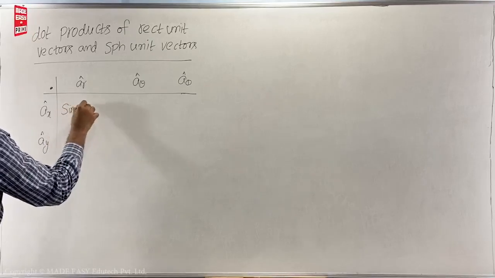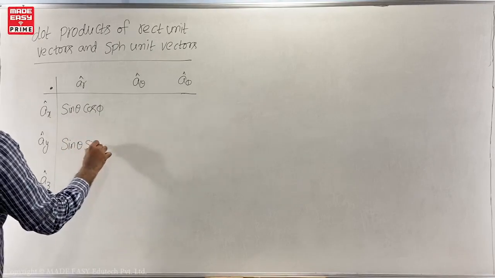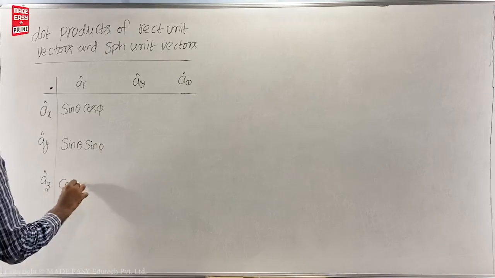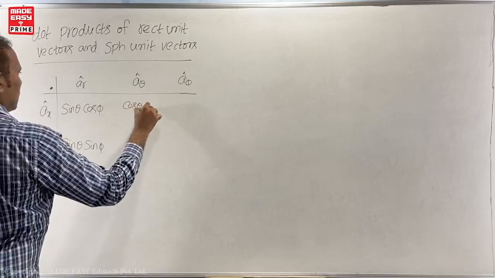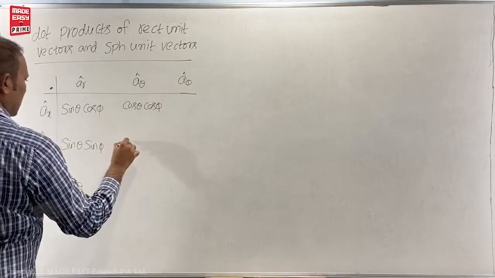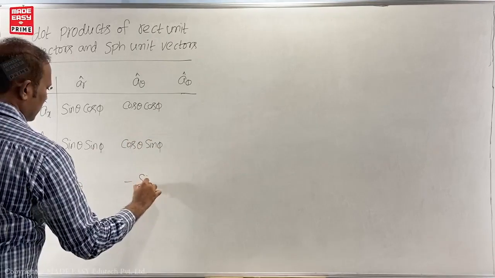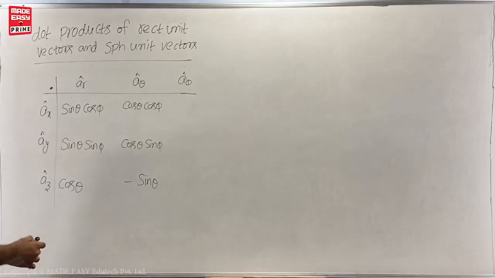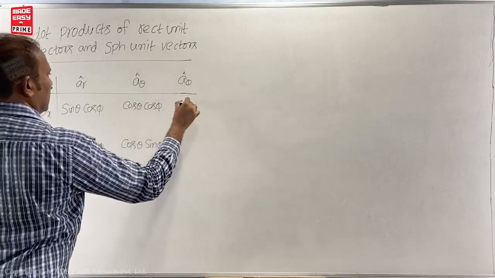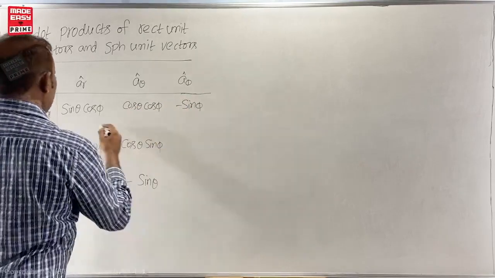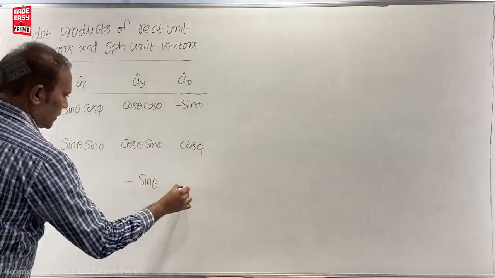Sin theta into cos phi, so sin theta into sin phi, then cos theta you get. Then here you get cos theta into cos phi, then you get cos theta into sin phi. This is minus sin theta. So ultimately here you get plus 90 means you get minus sin phi. Here you get cos phi, then a phi dot az is 0.